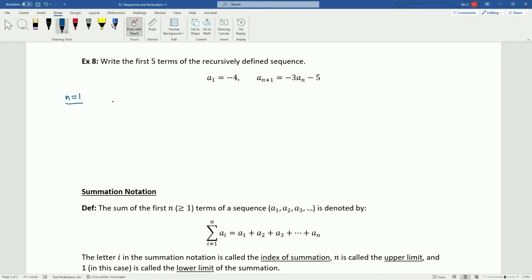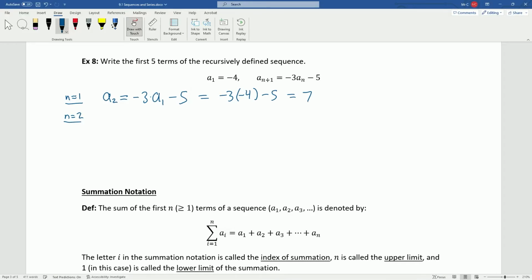We'll just start by plugging in n equals 1. That gives me a2 equals negative 3 times a1 minus 5. So that's negative 3 times negative 4 minus 5. That's 12 minus 5 is 7. And now we'll look at n equals 2.